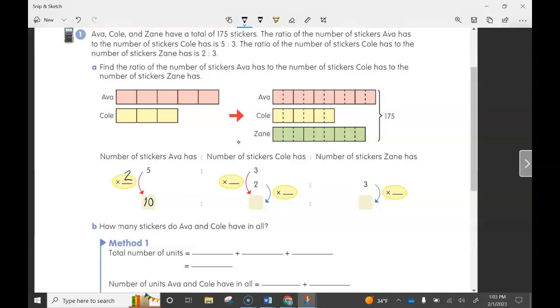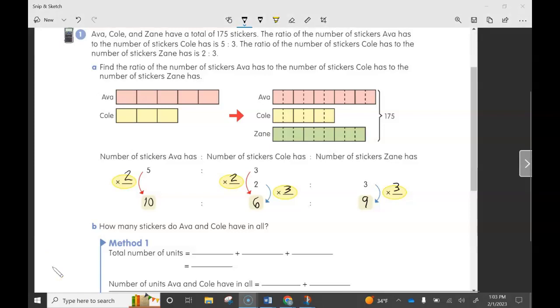We can see Cole multiplied by 2. 3 times 2, 2 times 3. Now we have a total of 6 units. 1, 2, 3, 4, 5, 6. And then Zane, what we do here is we're taking this ratio compared to all of them, and we can see it's multiplied by 3 for 9 total units.